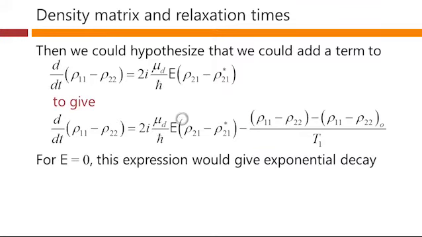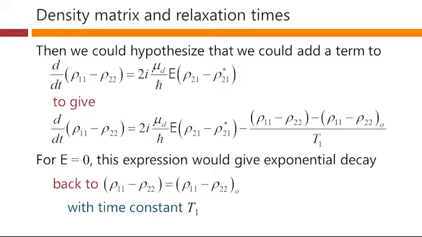If we were to turn off the optical field, the E here, so make E equal to 0, then this equation would actually describe a settling down of the population difference to this value exponentially. It's a simple differential equation that would give exponential decay back down to this equilibrium value, and it would have a time constant T1 for doing that.